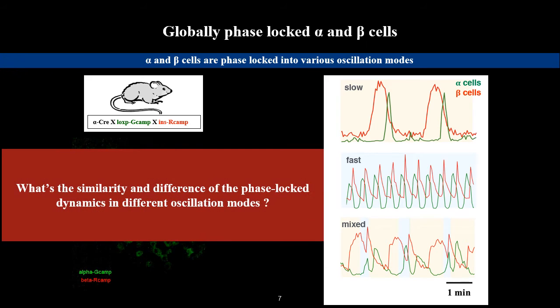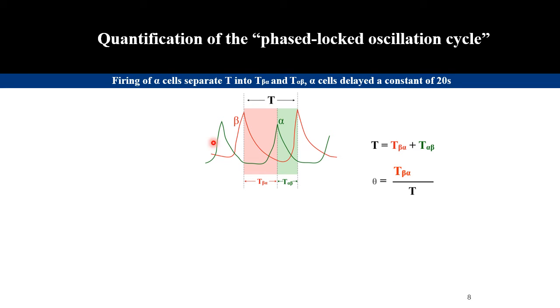Then what are the similarity and the difference of the phase-locked dynamics in different oscillation modes? To answer this, we further quantify the phase-locked alpha-beta cycle. Here, the period T is defined as the duration between two beta cell peaks, and the activation of alpha cells in between separates the whole period into two waiting times.